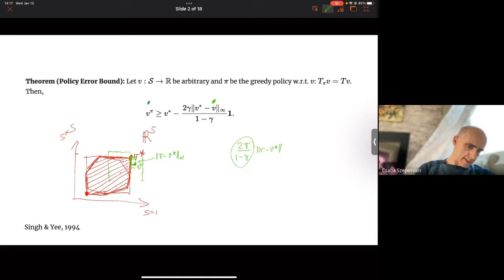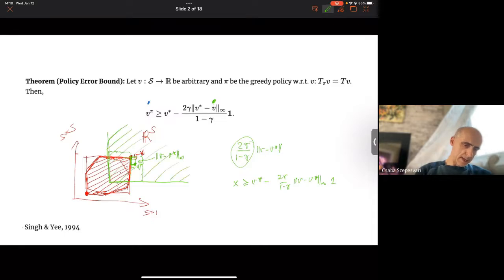And then you get this set, which is the set of all points in this R^S space which satisfy that these points, x, are bigger than V star minus 2 gamma over 1 minus gamma times the infinity norm of v minus v star, times 1. So this is this set.